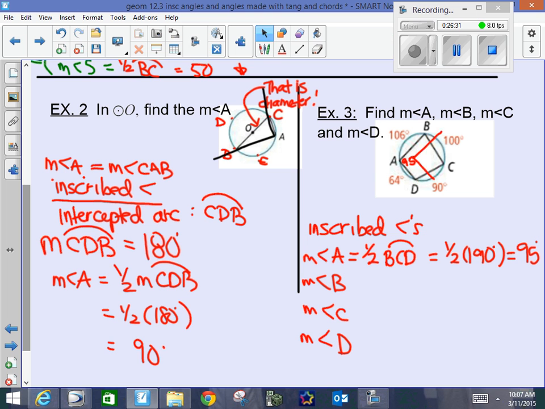All right. What about B? What's this intercepted arc, Katie? ABC, very good. Again, it doesn't matter if it's probably smaller. The angle B cuts into A and C, and there's D in between, so it's very clear. And what is the measure of angle ABC, Katie?